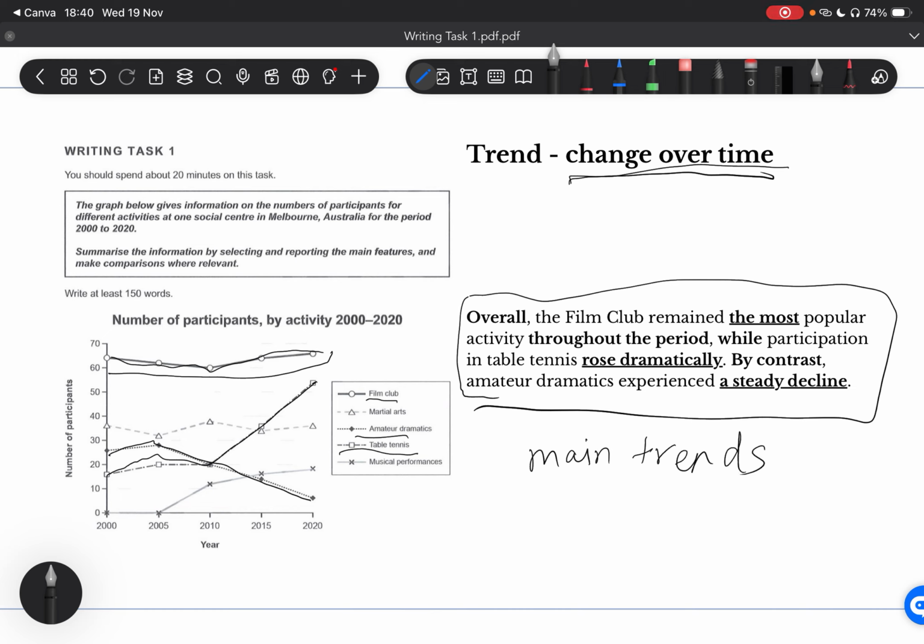So do you agree that these 3 are the main trends in here? I believe so, because what we need is the most noticeable ones, and also we need the main differences that we see, contrasting patterns. What about the others?